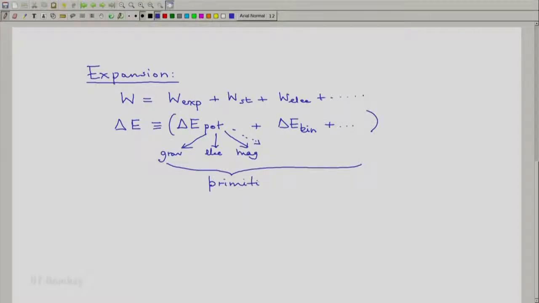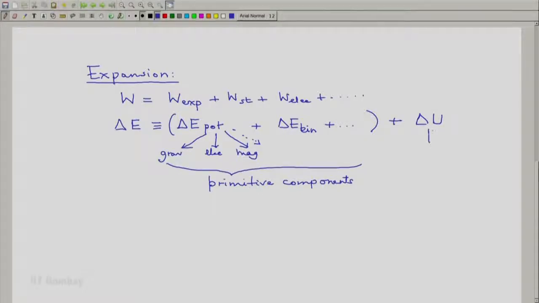So there could be our so-called primitive components. But after that, it turns out that a system can have a change of energy in spite of there being no change in any of the primitive components. That is known as the thermal energy of the system.